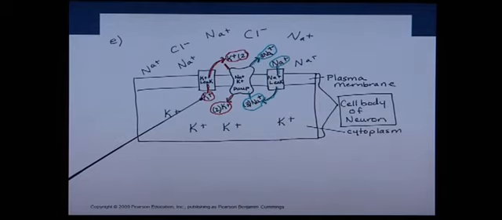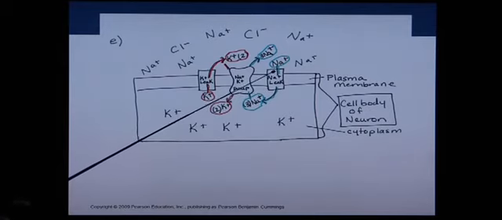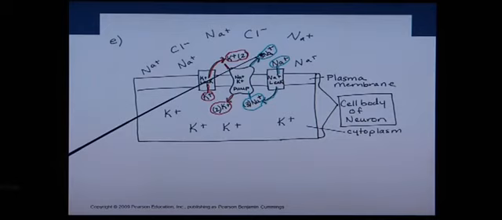In red I've got potassium leaking out naturally because of the concentration gradient. The sodium-potassium pump says, hey, not so fast, get back in there, and it pumps 2 potassiums back in. Meanwhile, the sodium leak channel is allowing sodium to leak in, and the sodium-potassium pump says, not so fast, 3 sodiums, get back out.